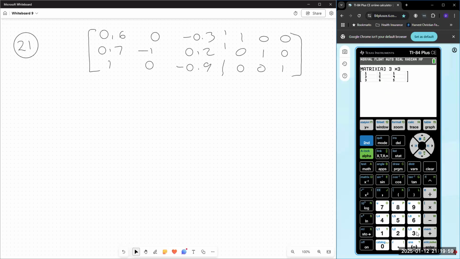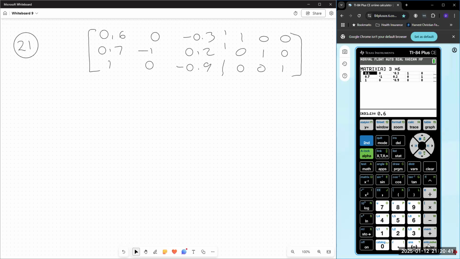So I want a 3 rows by 6 columns, and I want 0.6, 0, negative 0.3, 1, 0, 0, 0.7, negative 1, 0.2, 0, 1, 0, 1, 0, negative 0.9, 0, 0, 1.